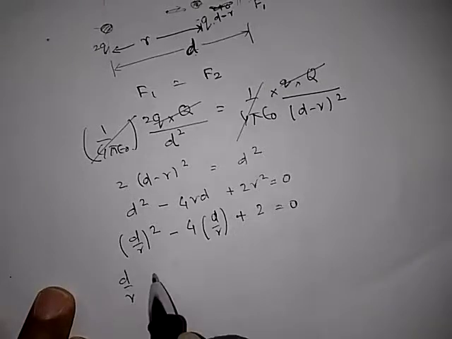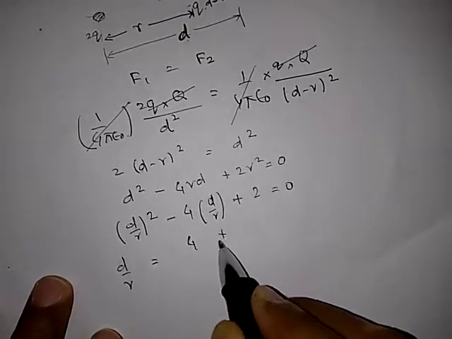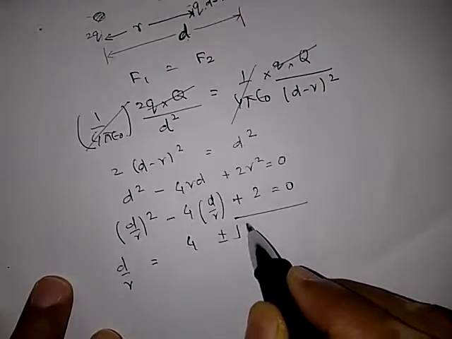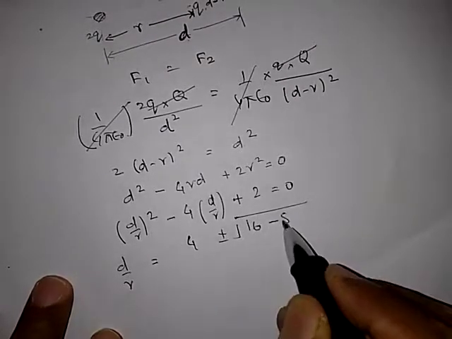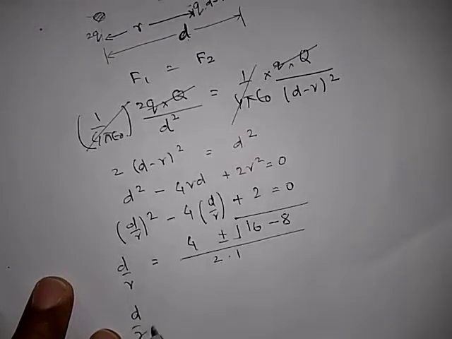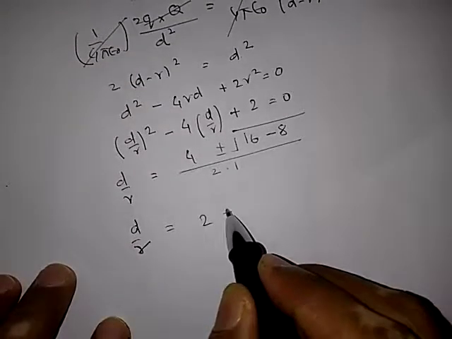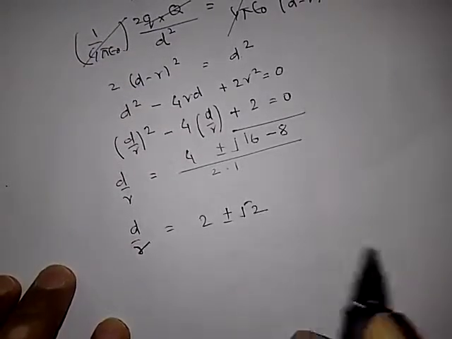We solve: d by r is equal to minus b plus minus square root of b square minus 4ac divided by 2a. So d by r becomes 2 plus minus square root of 2.